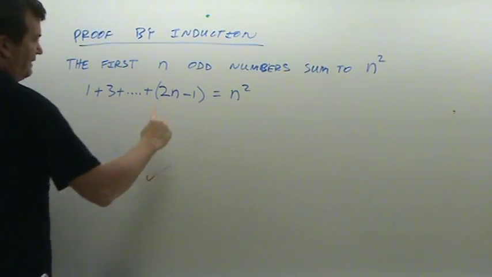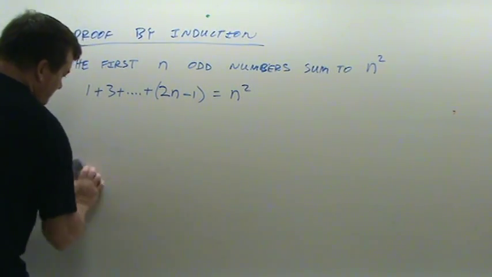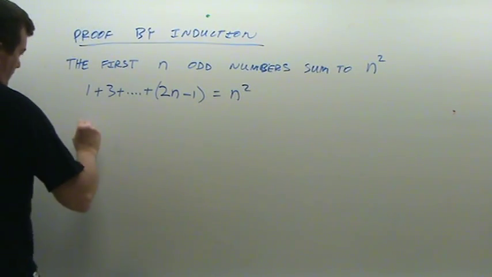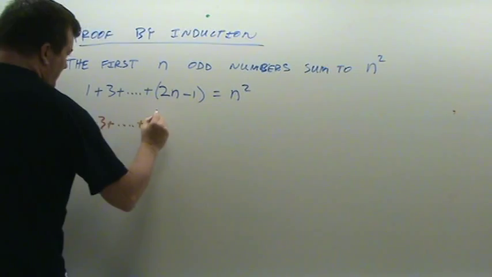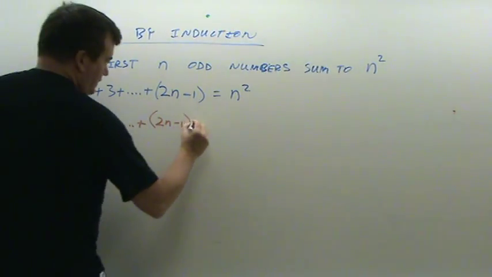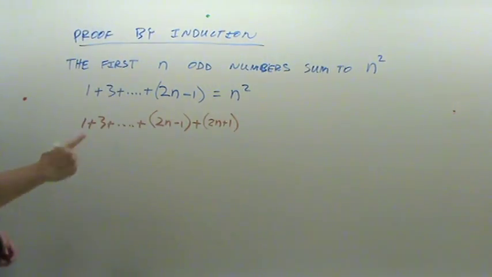If we took this and then just added the next number, what would that be? The sum would be 1 plus 3 plus dot dot dot plus 2n minus 1. What's the very next number? 2n plus 1. That's the one after.